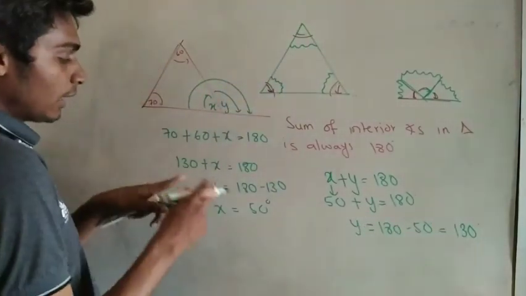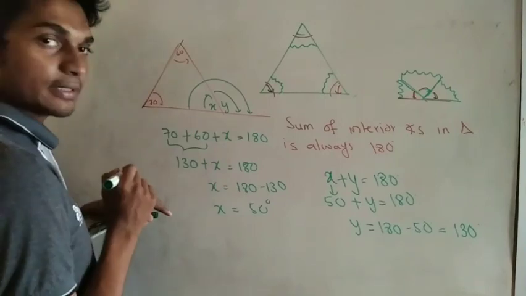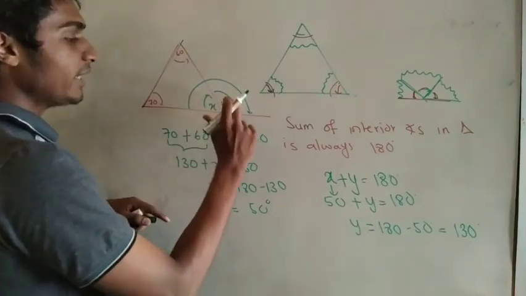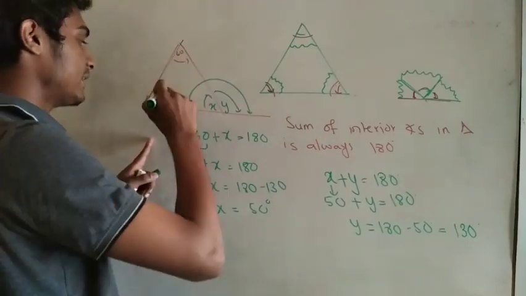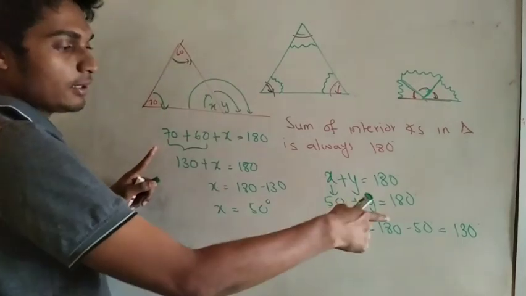Now you see that 130 is the sum of 70 plus 60, and you see that y is also 130. 70 plus 60 makes 130.